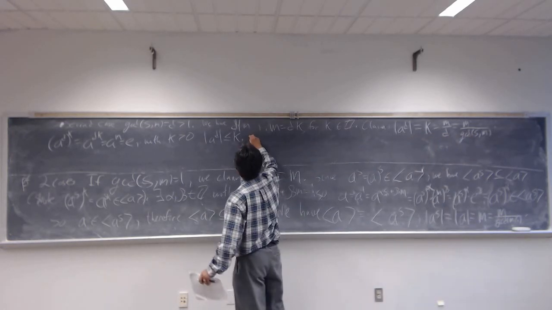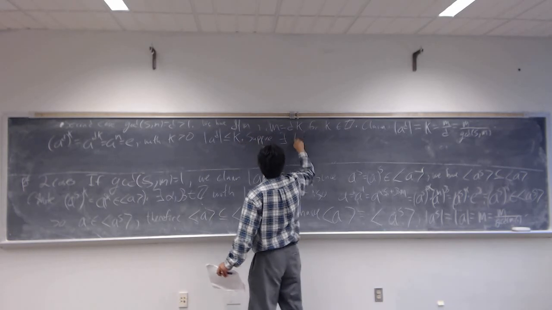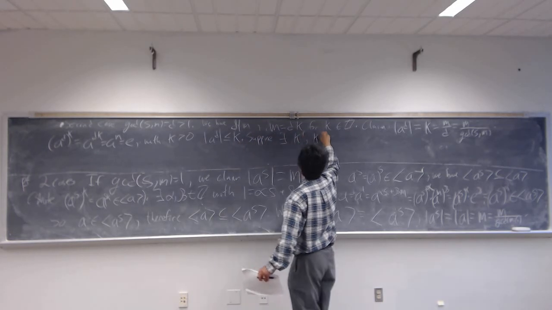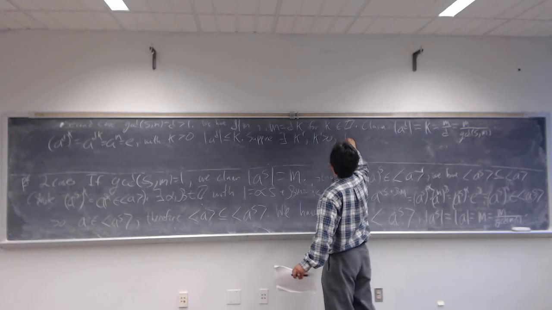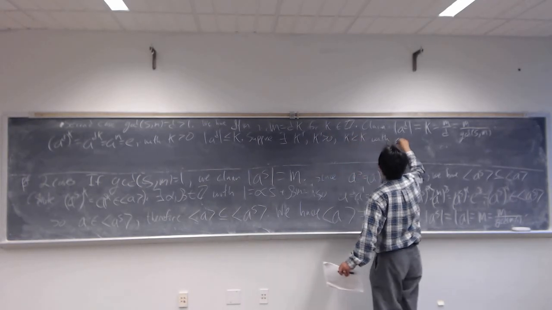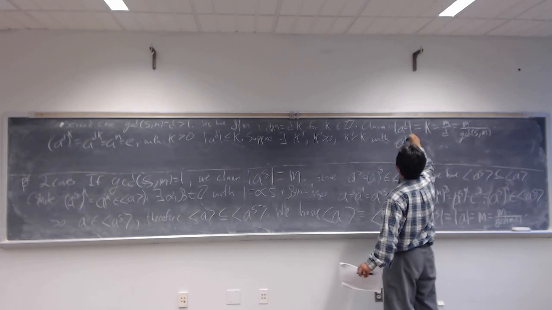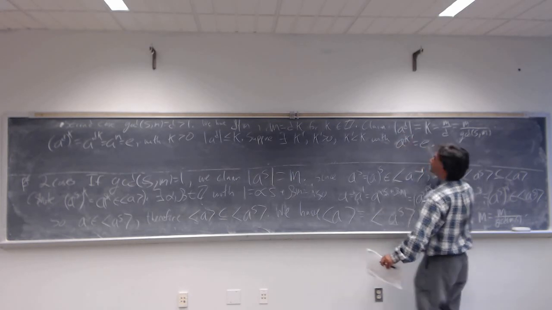But let's argue by contradiction. Suppose there exists a K prime that is positive, that is strictly less than K, and yet A to the D raised to the K prime is the identity.